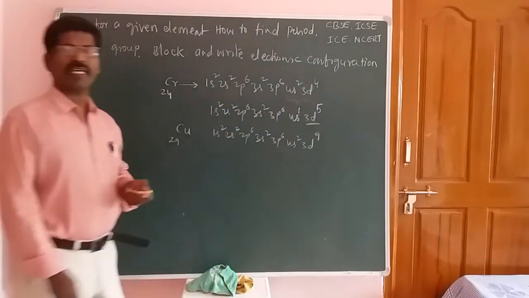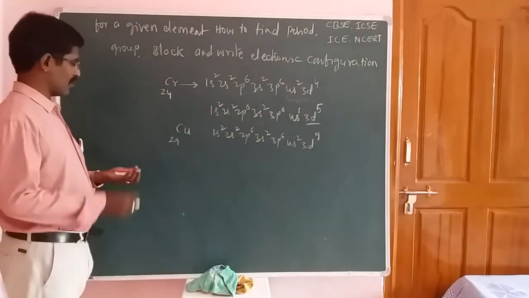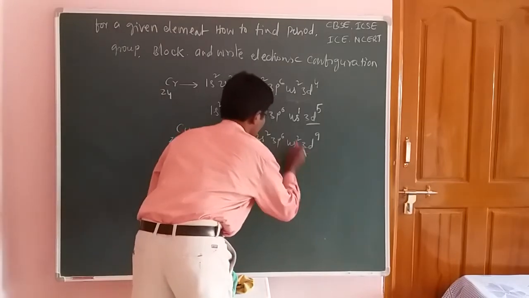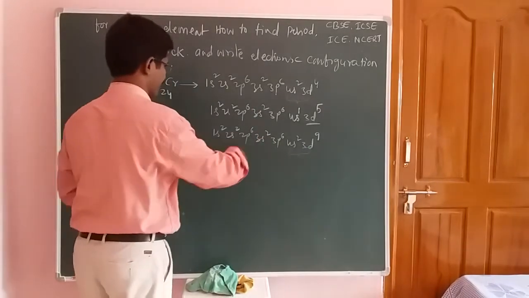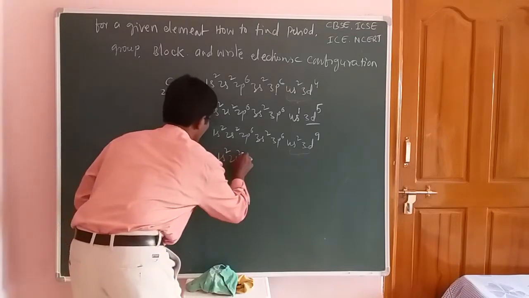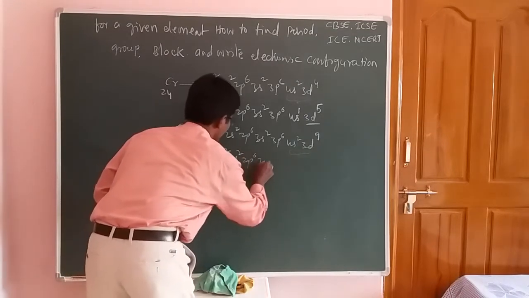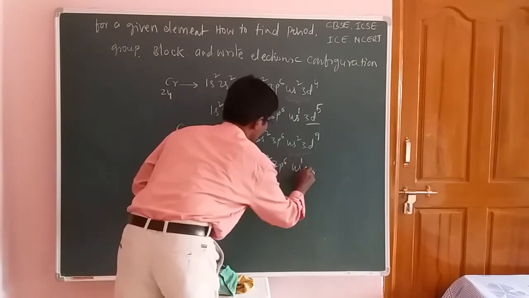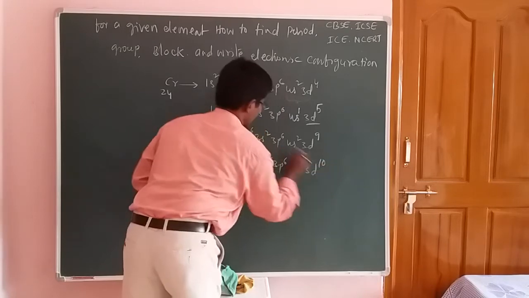So this is the general electronic configuration for copper. But we have to write the abnormal configuration: 1s2, 2s2, 2p6, 3s2, 3p6, now this is the 4s1 and 3d10 configuration.